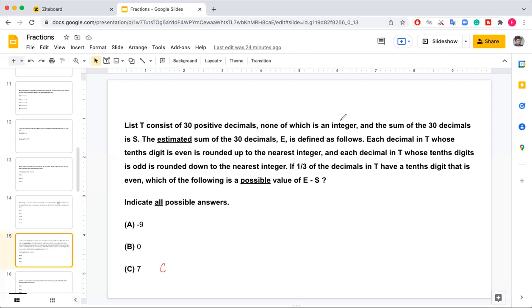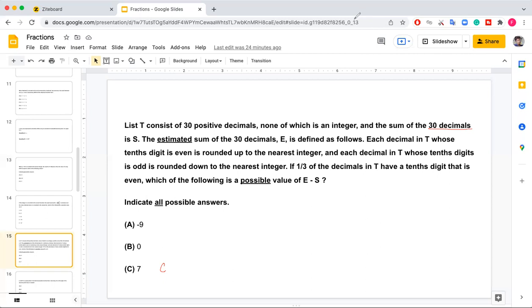We have 30 decimals, none of which are integers. So it will possibly be C, because there are 20 decimals for which it has an even integer in the tenths, so it will be rounded up.